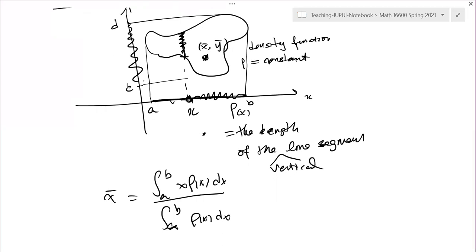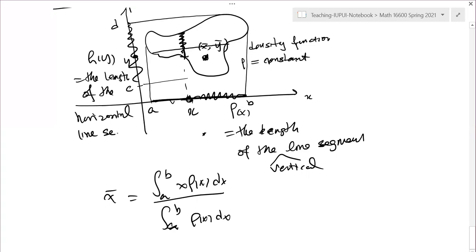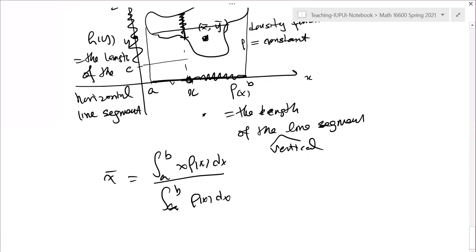So you get another density function. We call it h(y) at point y, and you draw a horizontal line. So h(y) is the length of the horizontal line segment at point y.